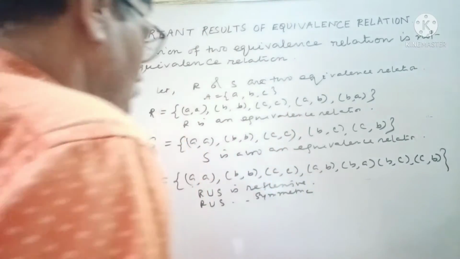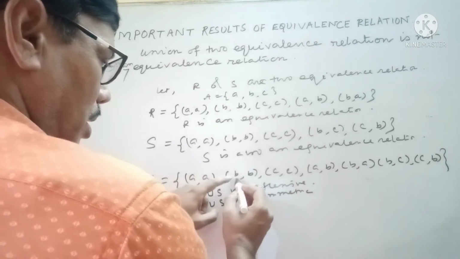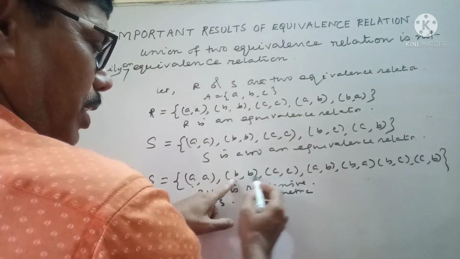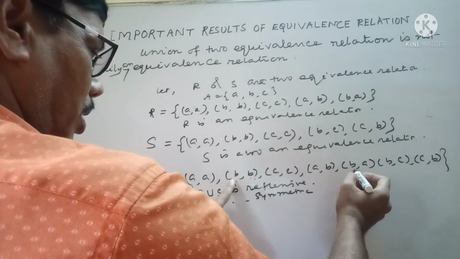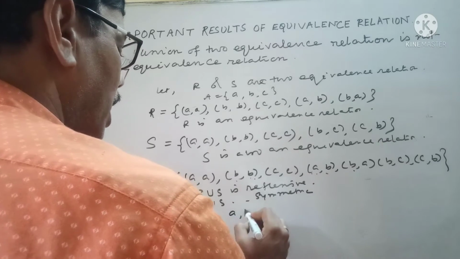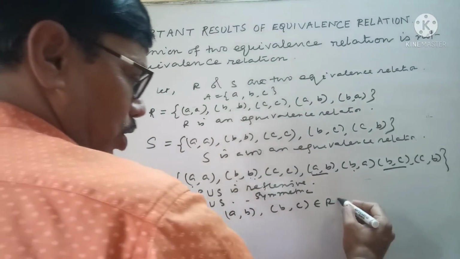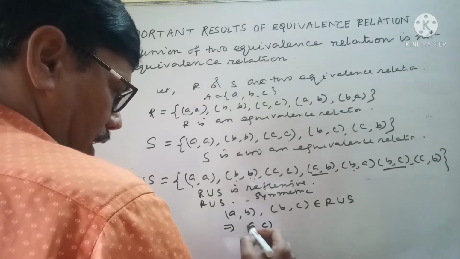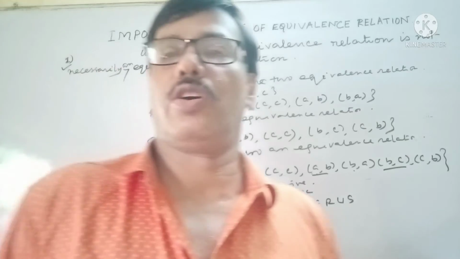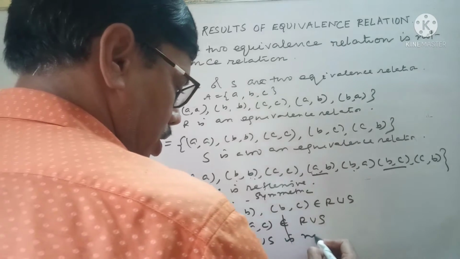Now you prove transitive. Look, (a,b) and (b,c) belong to R union S, and if we combine them, (a,c) does not belong to R union S. Therefore R union S is not transitive.